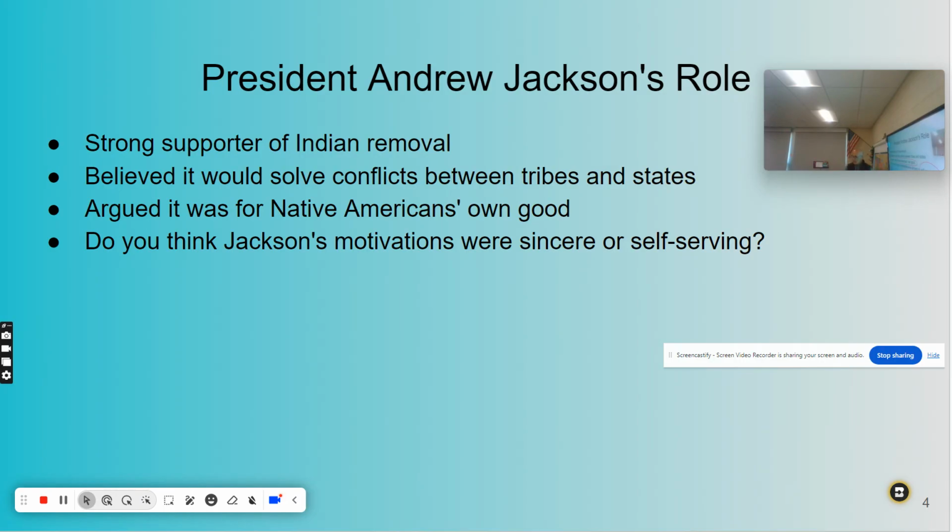The United States wants to capture that to satisfy the growing population of people who are arriving in the United States at this point. So Jackson clearly wants to get the Native Americans off of their lands and argued that it was going to be for their own good. Okay.